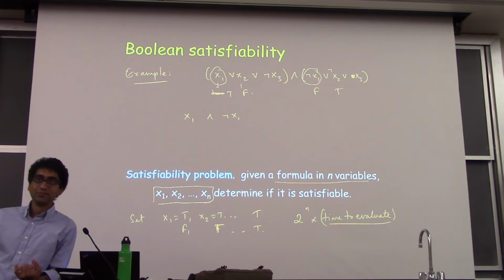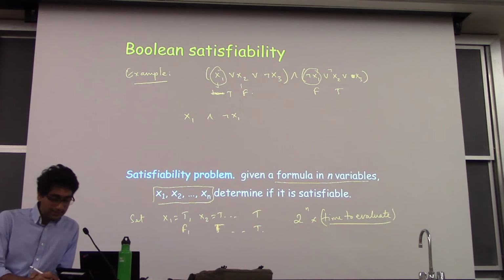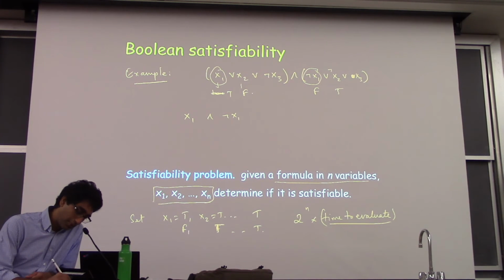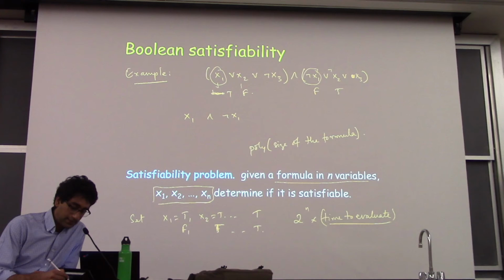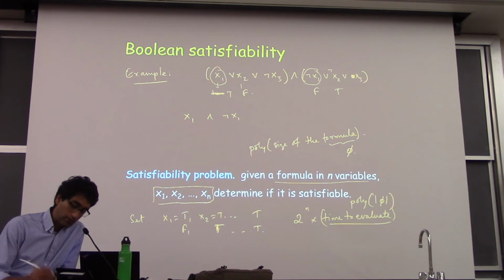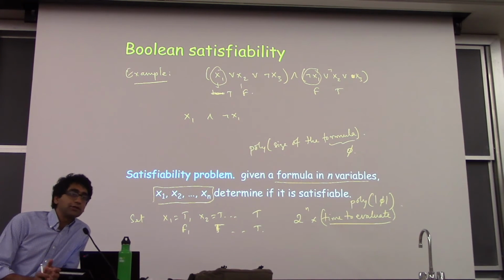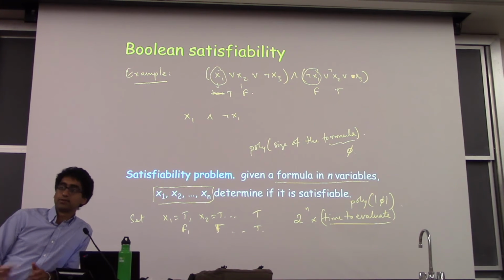It is some polynomial in the size of the formula. Let's call this formula phi, so this is some poly in phi. For now, let's not care what exactly that polynomial is. You can probably make it linear, as you would imagine.